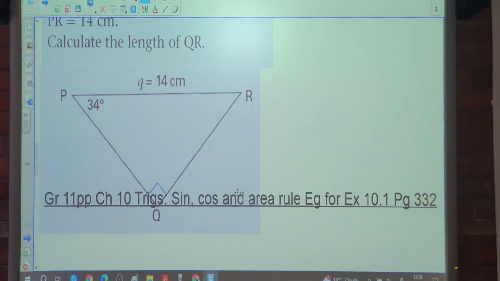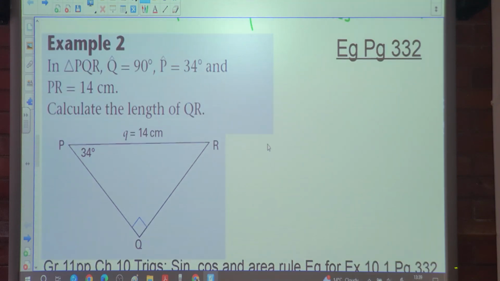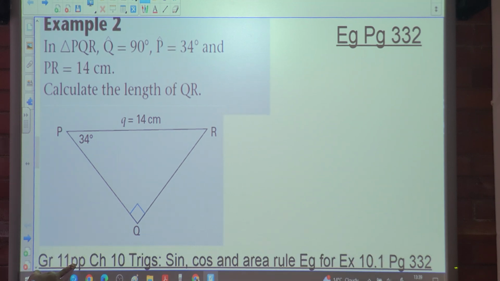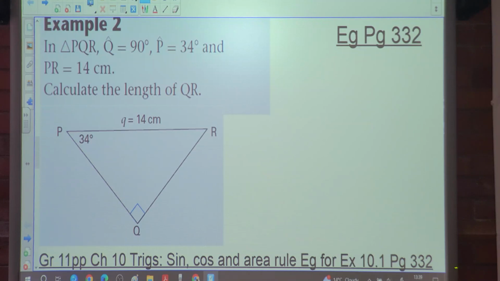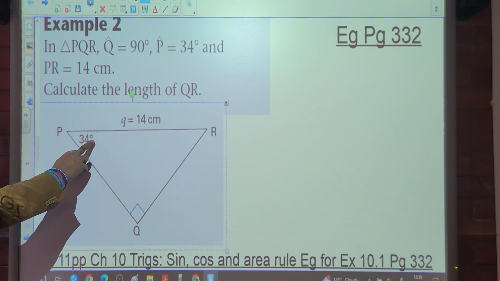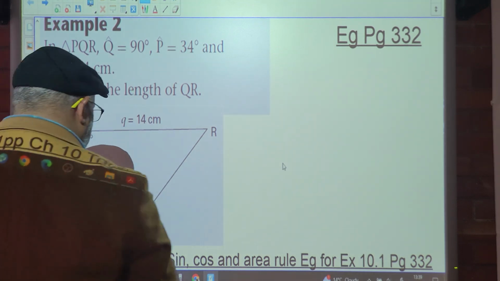Triangle PQR. We are told the angle Q is 90, angle P is 34 degrees, PR is 14. Calculate the length of QR.